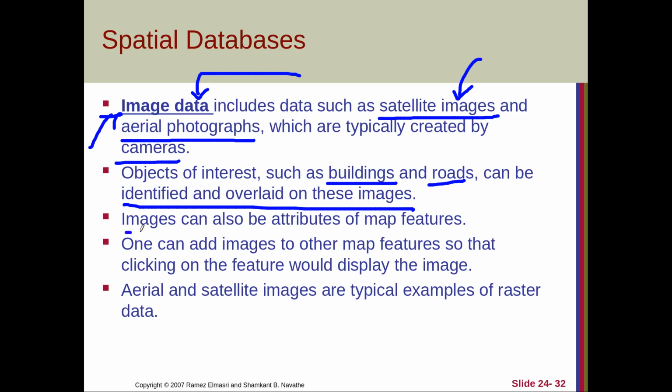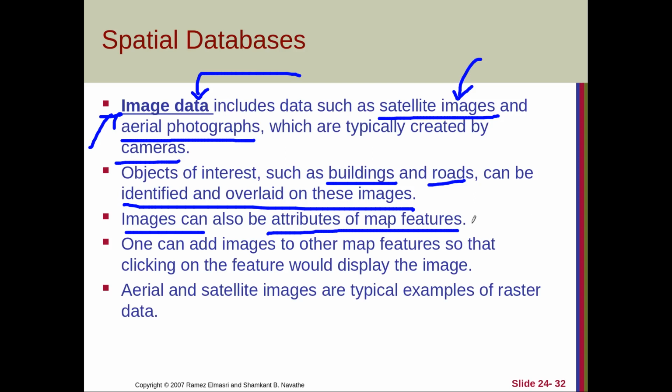Now these images can also be attributes of map features, so the image will also have other information, like other features of the location from where the image is taken.